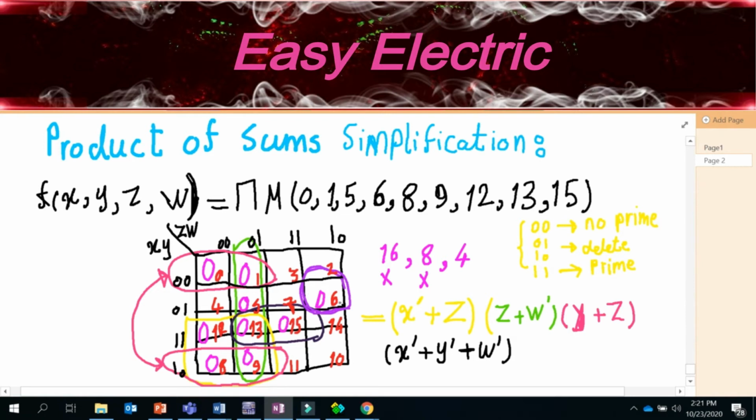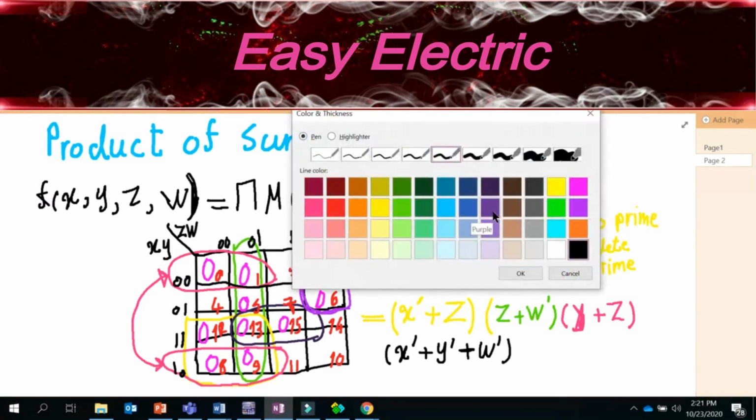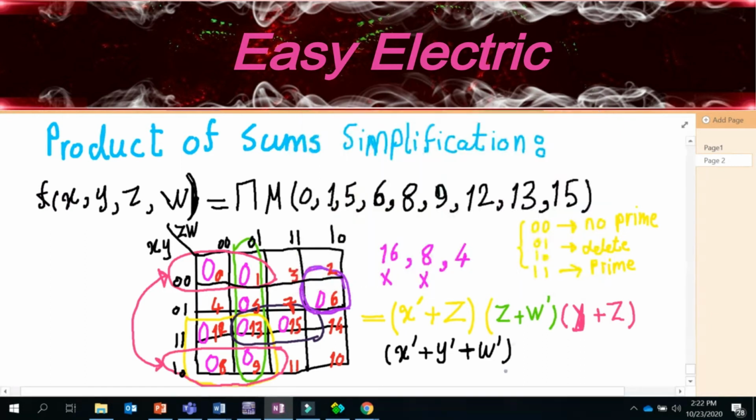And finally, we have the group of 1. Let's just change the color, then write the corresponding term for this group with the 1 member, which is the max term 0. Again, you need to check what z and w should be. Z is 0, so it should be no prime. As I mentioned here, 0, 0 is no prime.